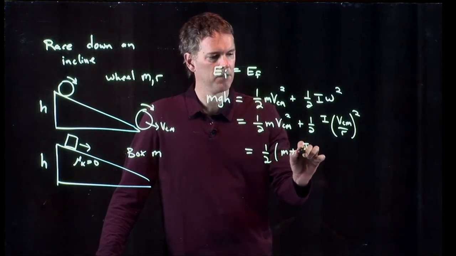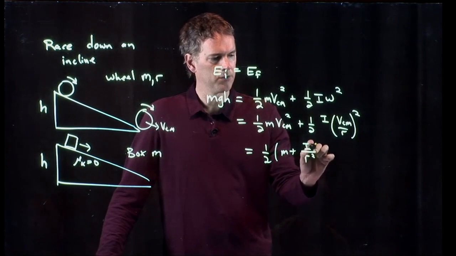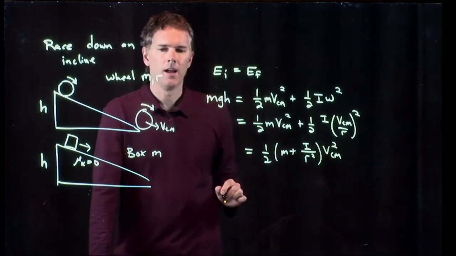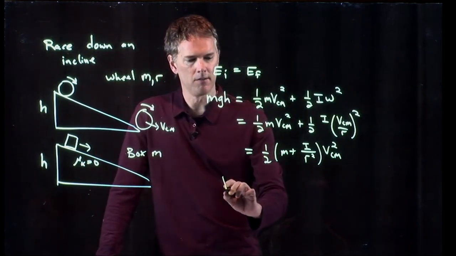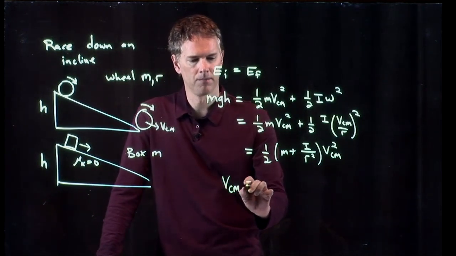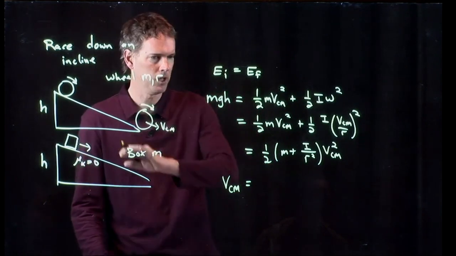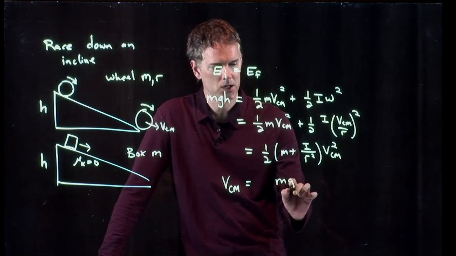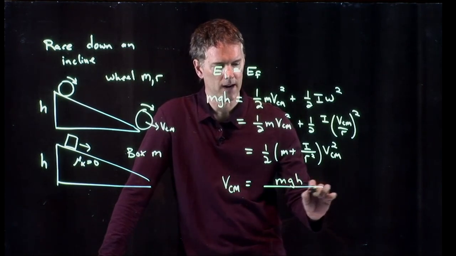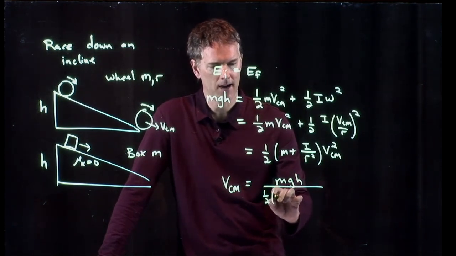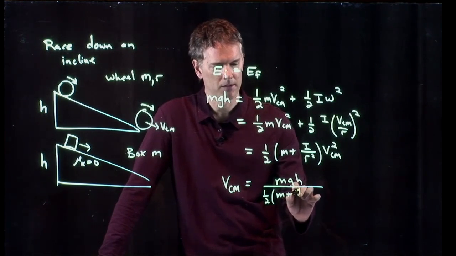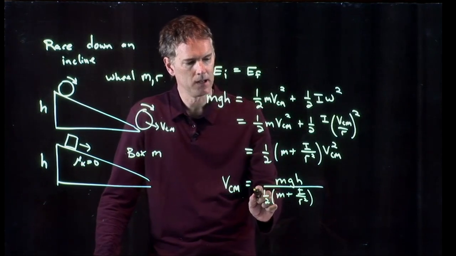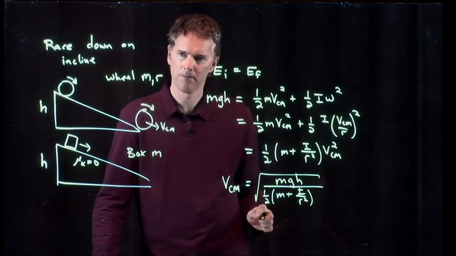M plus I over r squared, all of that times VCM squared. And now you get the velocity of the wheel. How do we do it? Well, we have mgh. We're going to divide that whole thing by 1/2 m plus I over r squared. And then I'm going to take the square root of the whole thing.